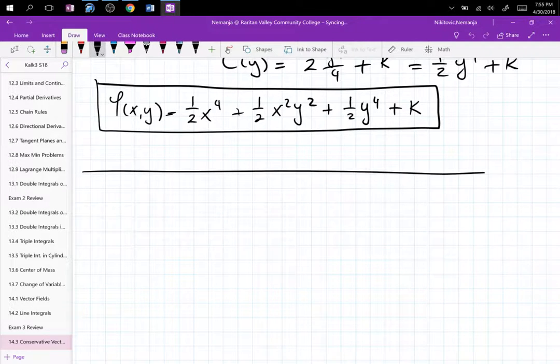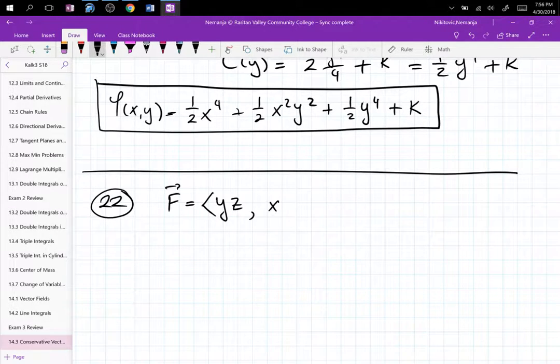Problem 22 in R3. So we have the vector field to be yz, xz, and xy. So these are your F, G, H.